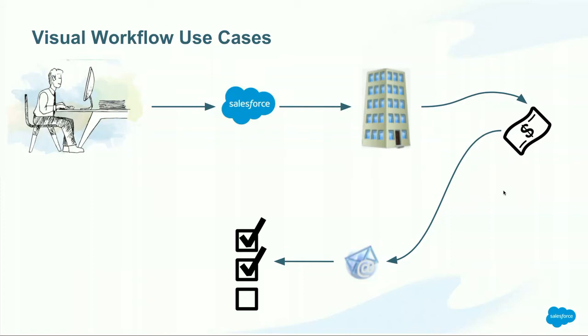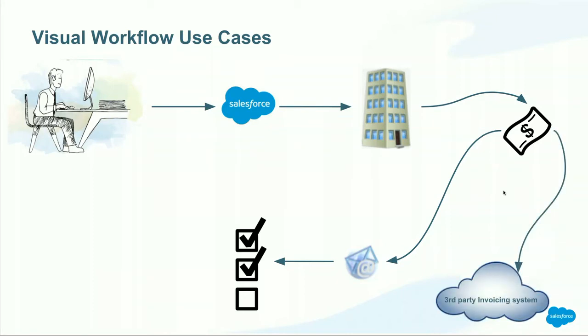So continuing with our booking system, apart from sending an email to the user once the reservation is paid, we also want to create an invoice. For that, we are going to use a third-party package that we are going to install in our organization. This third-party package contains a flow that we can use as part of our send email flow.